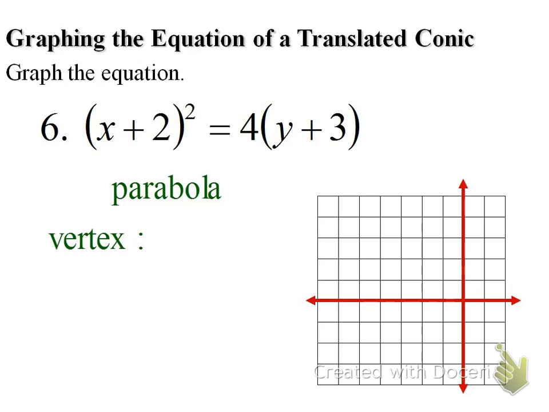Where's your vertex? This is where you ask yourself, what are they subtracting from the x? What are they subtracting from the x? -2. What are they subtracting from the y? -3. So your vertex is at (-2, -3). Next thing you want to decide, what is P? Remember, P is always being multiplied by 4. P is 1 in this case. So your focus is going to be 1 unit up from your vertex.